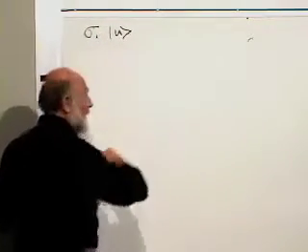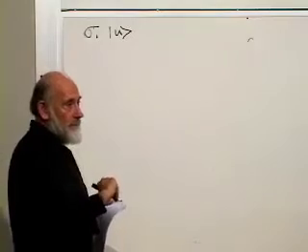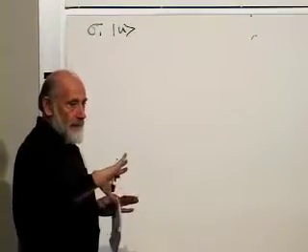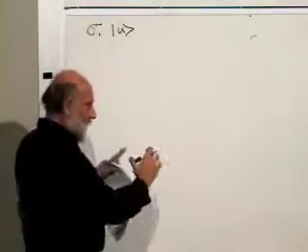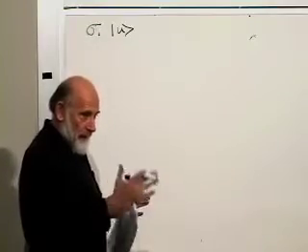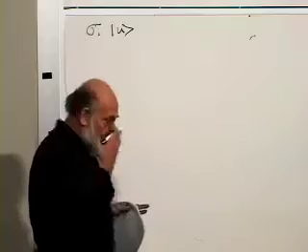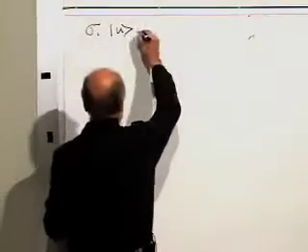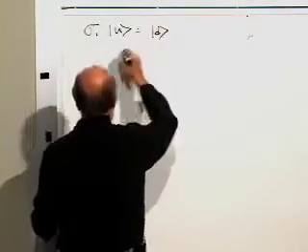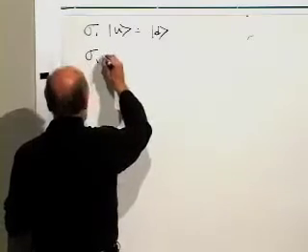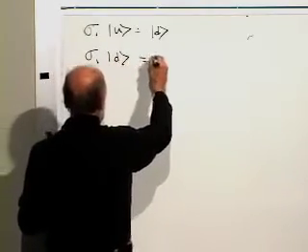What does sigma 1 on up give? Sigma 1 is the matrix which interchanges up and down. It's off diagonal, and it means that it interchanges. It takes up to down. Sigma 1 on down equals up.